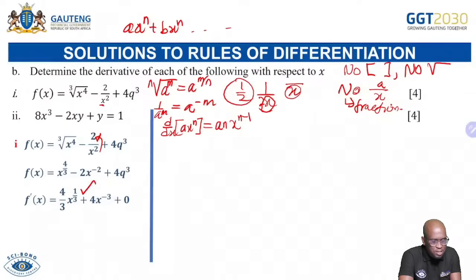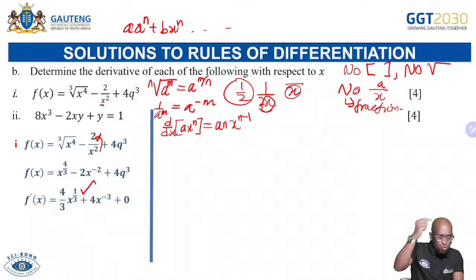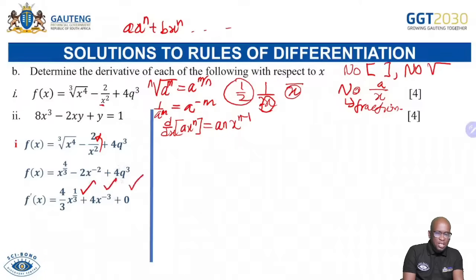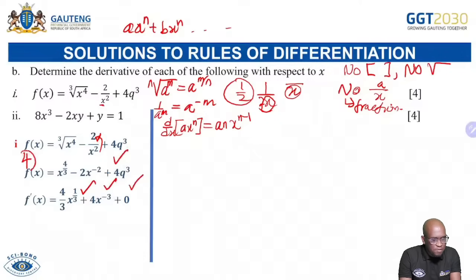When we differentiate the second one, negative 2 times 2, which is 4, and then we subtract 1, x to the minus 3. And then this was a constant because it does not contain x. The derivative of a constant is 0, so that now we get 4 marks. 1 mark for simplifying, and then we get the 3 marks for each differentiation. That is 4 marks, all right?